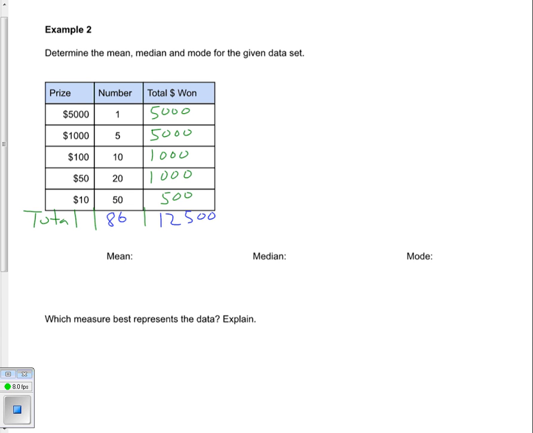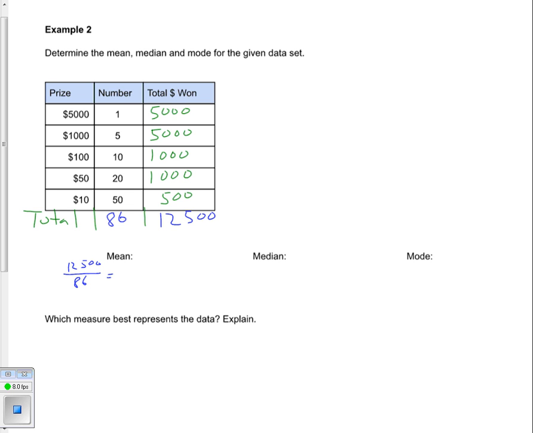If we want to figure out the mean, the average dollar value of people's winnings, we need to take the total amount that was won and divide that by the total number of winning tickets. So in this case, we've got 12,500 divided by 86.